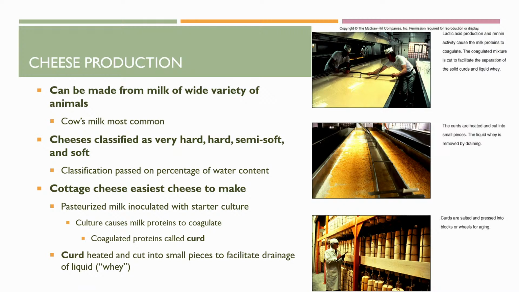It's really easy to make: you put in starter culture and pasteurized milk, you let it do its thing, and it becomes chunky. The curds are then salted and pressed into either blocks or reels for aging. To keep it chunky, they facilitate draining of whatever liquid is left, and that liquid is called whey.